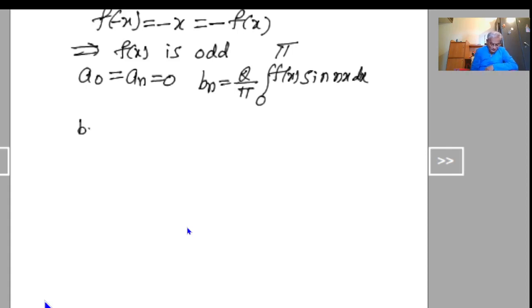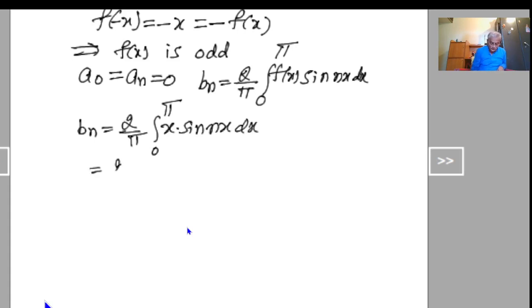So we find bn is equal to 2 by pi integral 0 to pi f of x, what is f of x? It is x here, into sine nx dx.